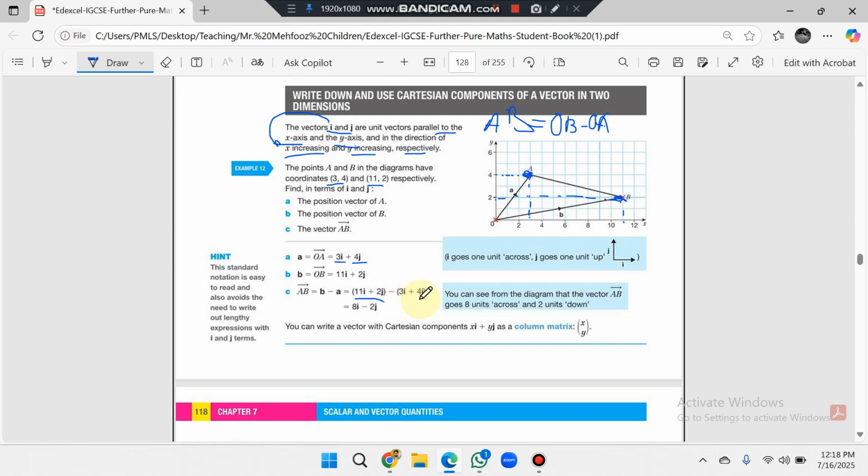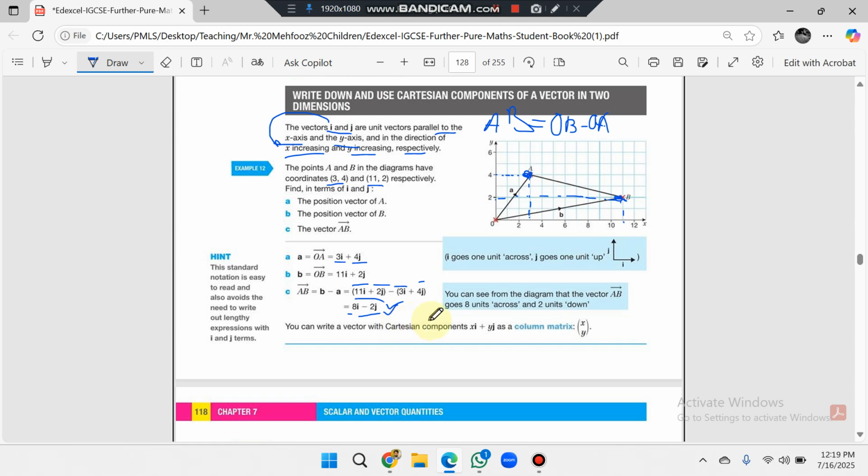That is 3i plus 4j, the position vector of point A. You can see that in the subtraction of vectors in Cartesian component form, you can subtract i terms with i terms and j terms with j terms. So 11i minus 3i becomes 8i, and 2j minus 4j becomes minus 2j. So this is the answer for AB.